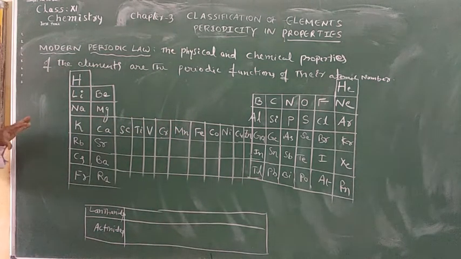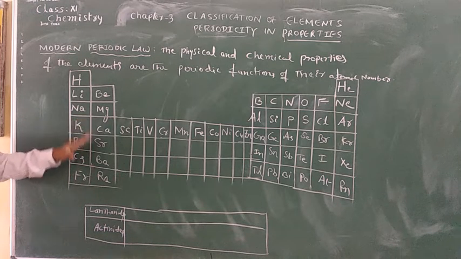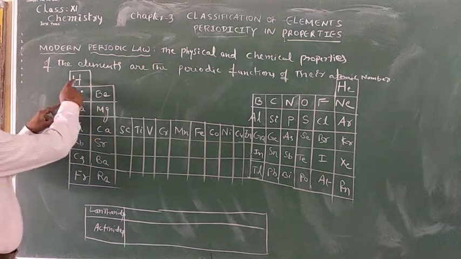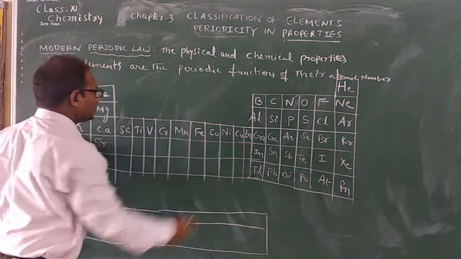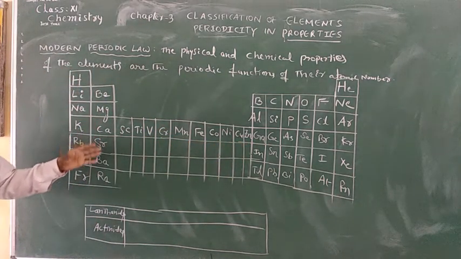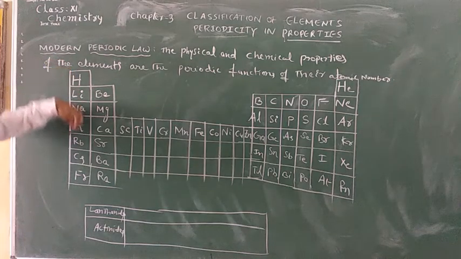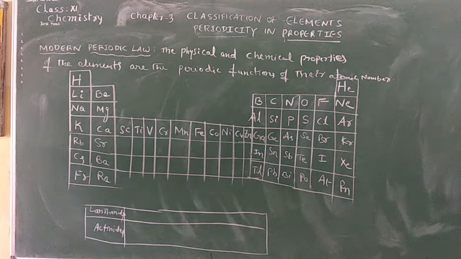Children, at least 30 elements you need to learn. First I have shown how to write elements 1 to 30. The remaining elements you need to learn according to their group number and period number.